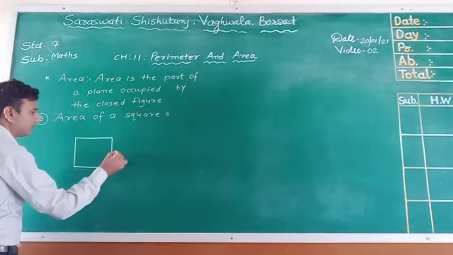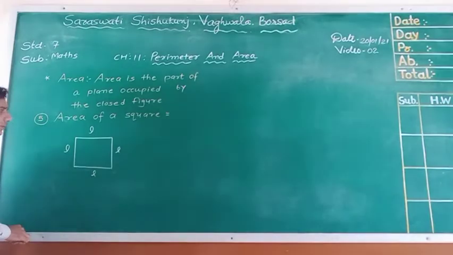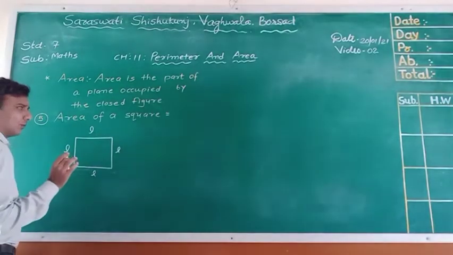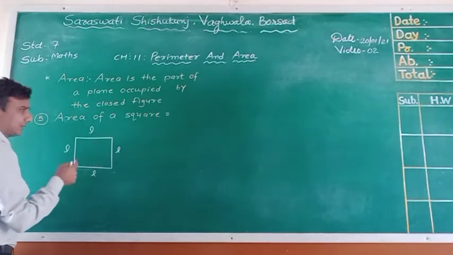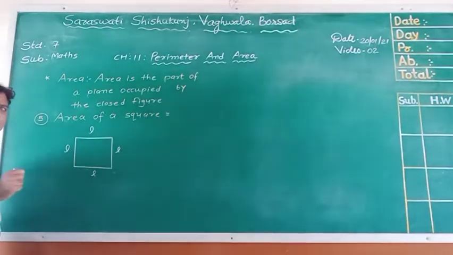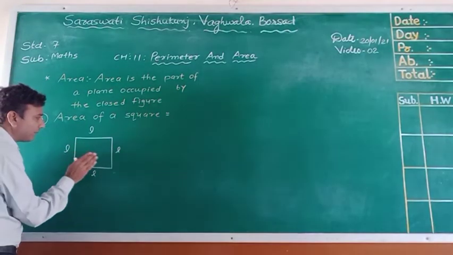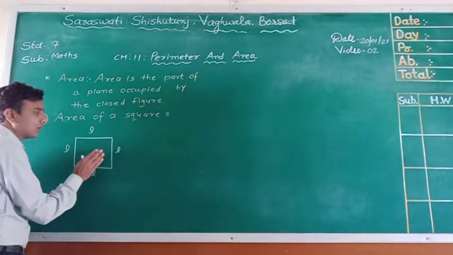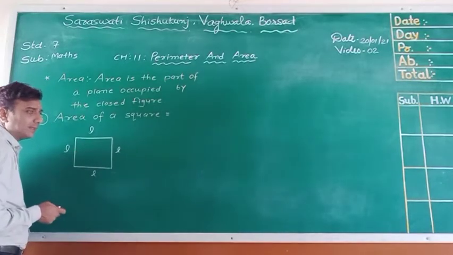Length. Now, if we want to find its perimeter, then we can sum all these sides. But if we want to find its area, that means the inside space of this figure, all the space, we can call this the area.